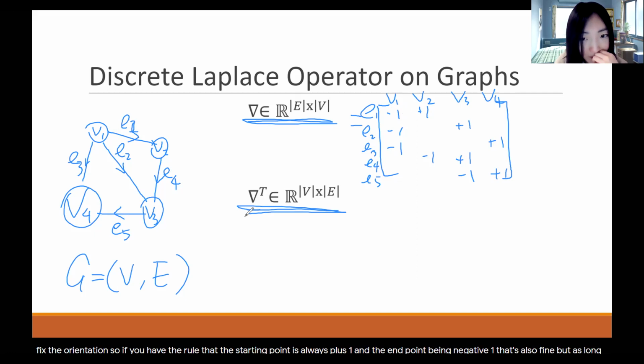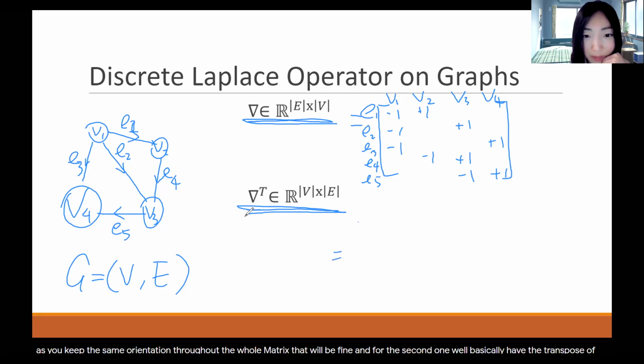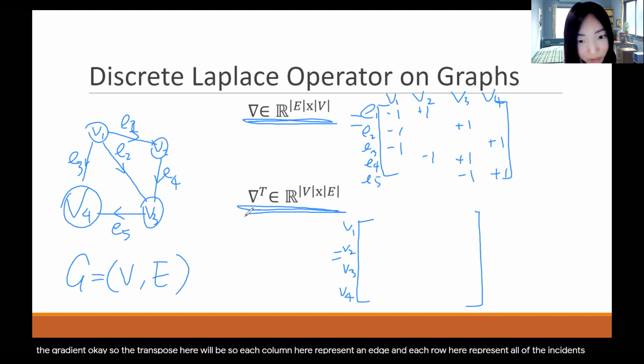And for the second one, we'll basically have the transpose of the gradient. Each column here represents an edge and each row represents all of the incident edges of the node. So here will be 4 rows cross 5 columns.